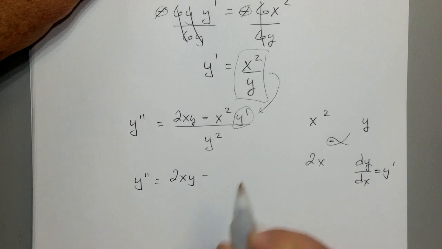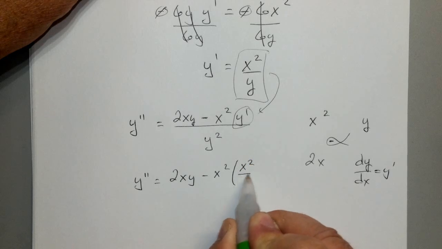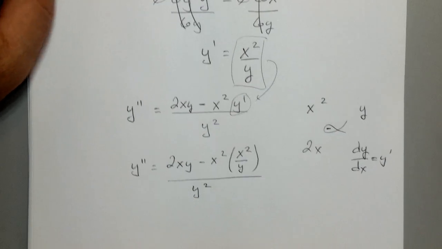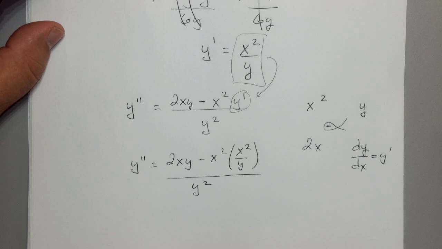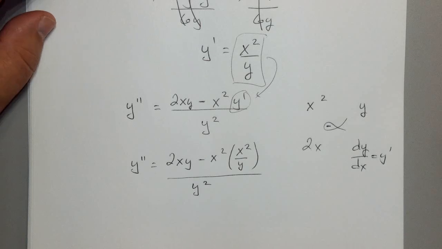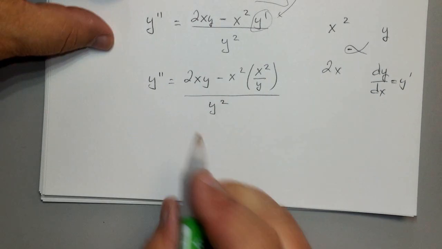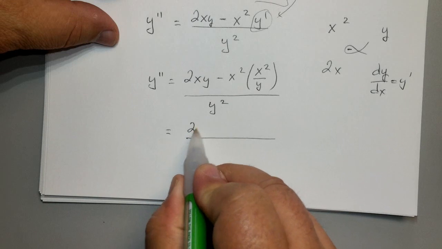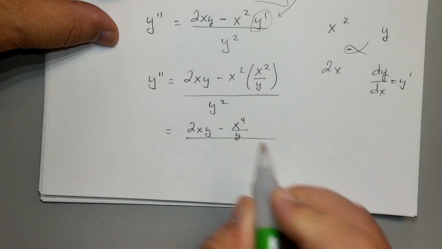Two xy minus x squared over y squared. It's all algebra from here on out. X to the fourth over y.